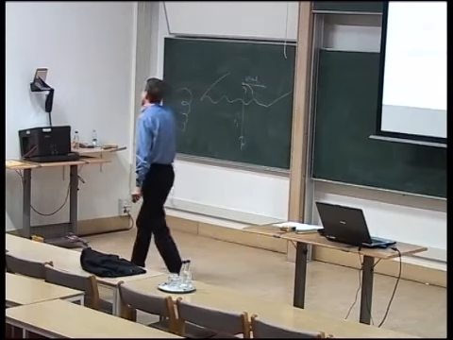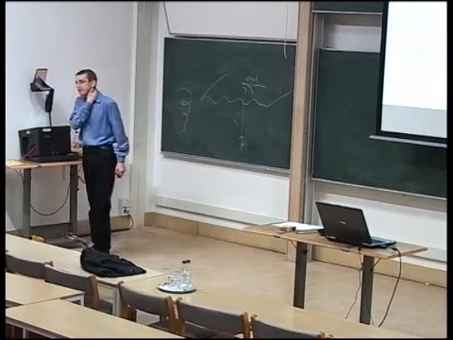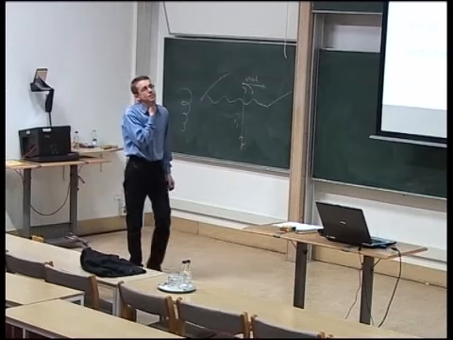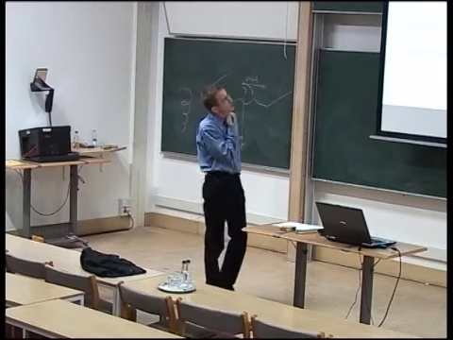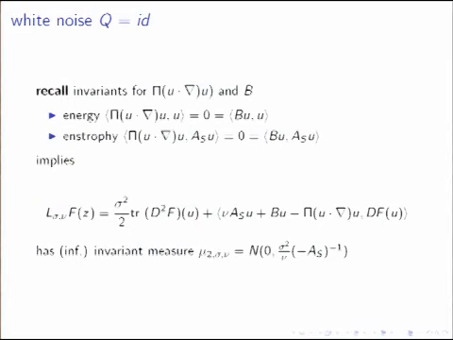Now there is a very interesting thing about this in 2 dimensions for white noise. So if the covariance operator is equal to the identity, which is a very rough noise, as we just learned some minutes ago.